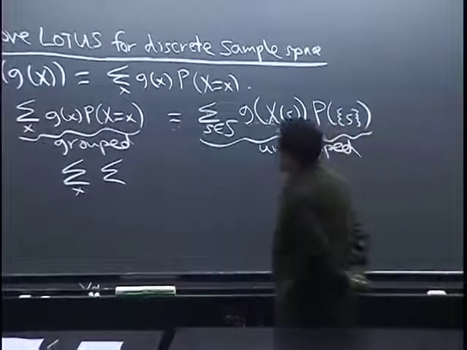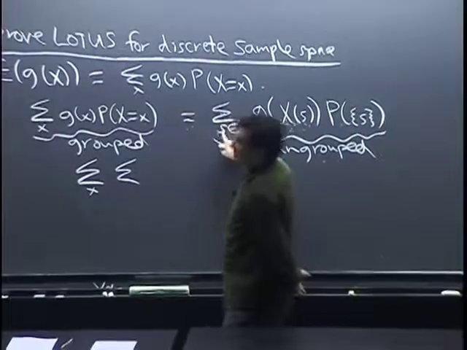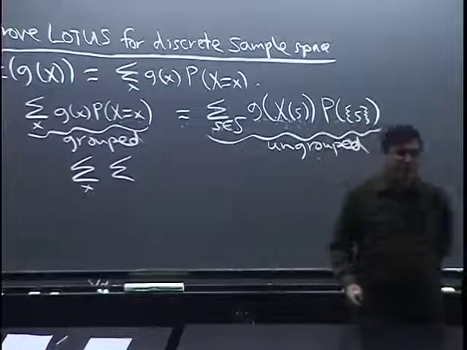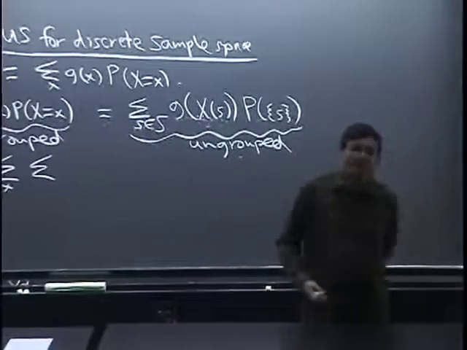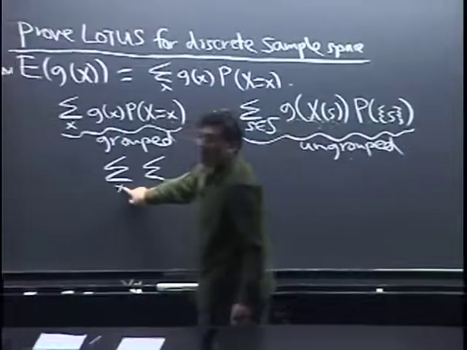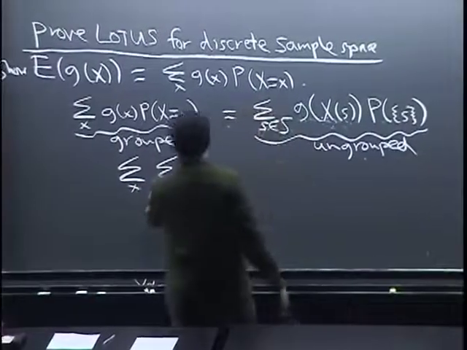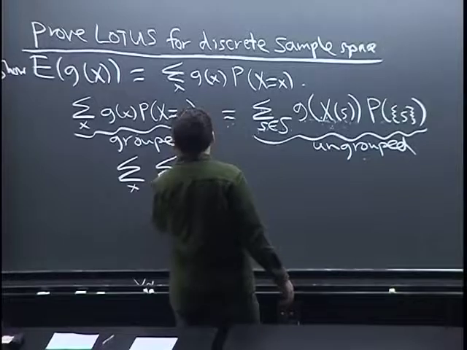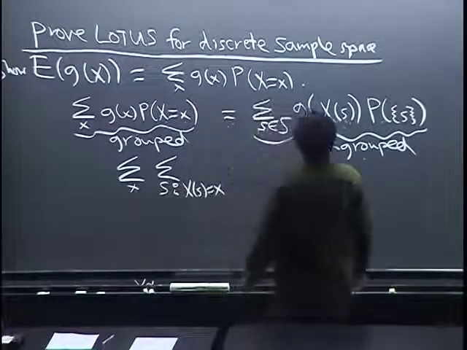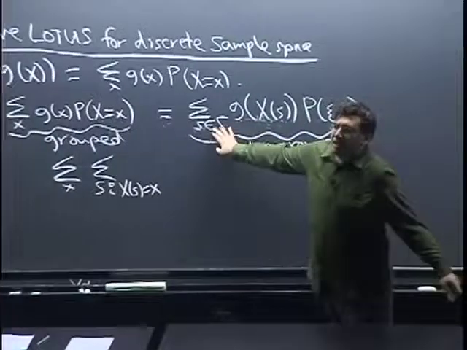So the double sum would be, I'm going to rewrite this, a sum over all pebbles, right? But one way to think of that would be first sum over values of little x, and then for each value of little x, sum over all pebbles s such that x of s equals x. Because this is just a sum of a bunch of numbers.